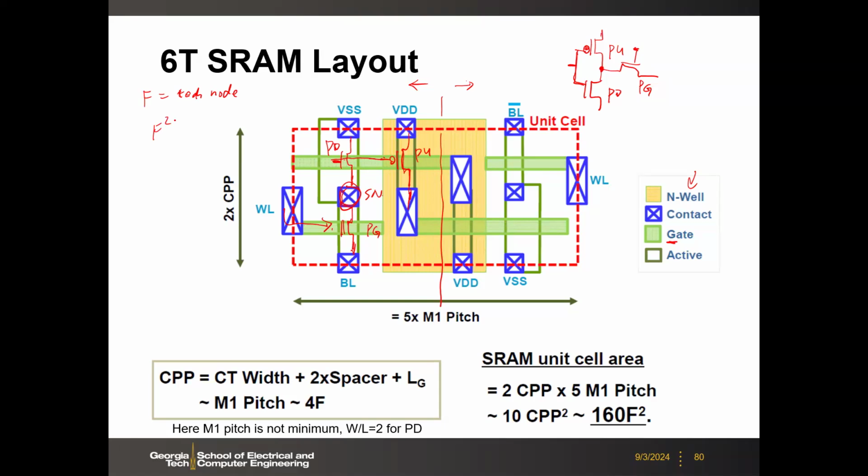So the question is how many F square for this layout? On the horizontal side, we have 5 metal 1 pitch here. Why? Because between those contacts, this contact will attach to your metal 1. You have 5 metal 1 pitch.